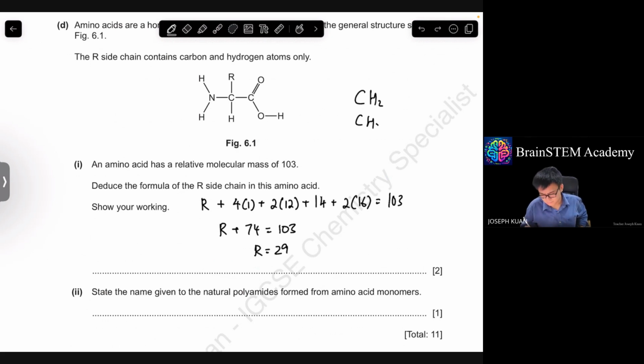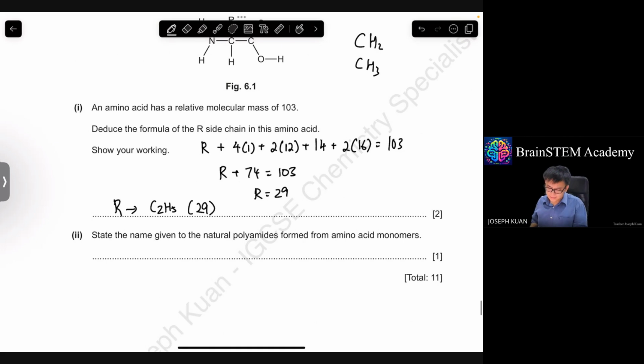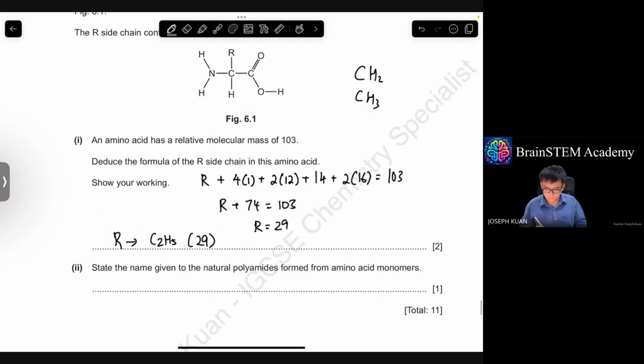Is it 14? 15? Yes, okay, so R could be C2H5 because this has the mass of 29. Okay. Next, state the name given to natural polyamides formed from amino acid monomers that will be a protein.